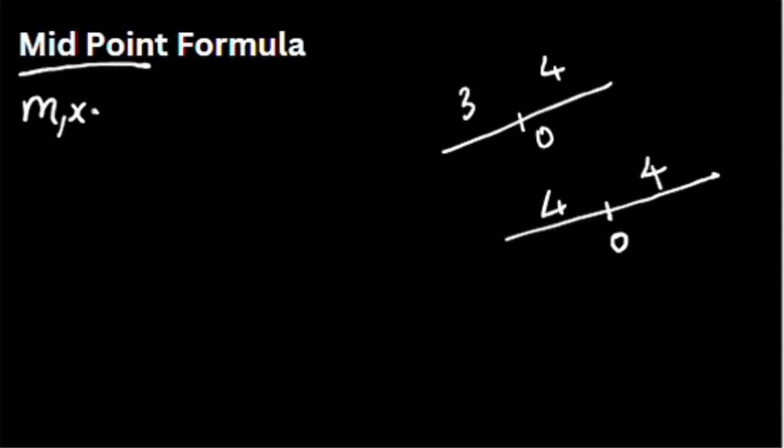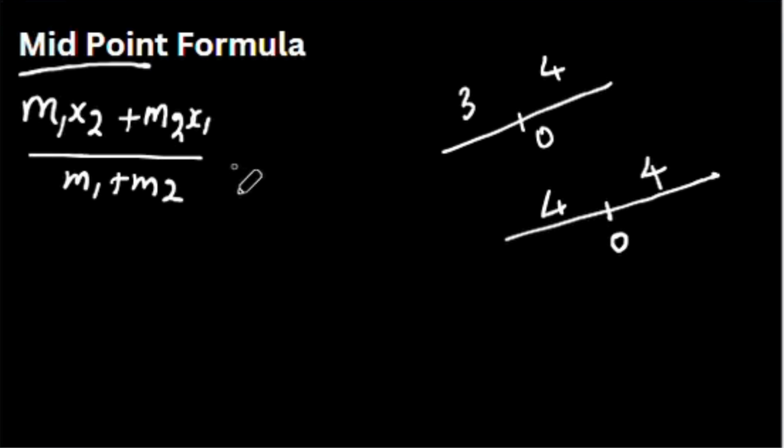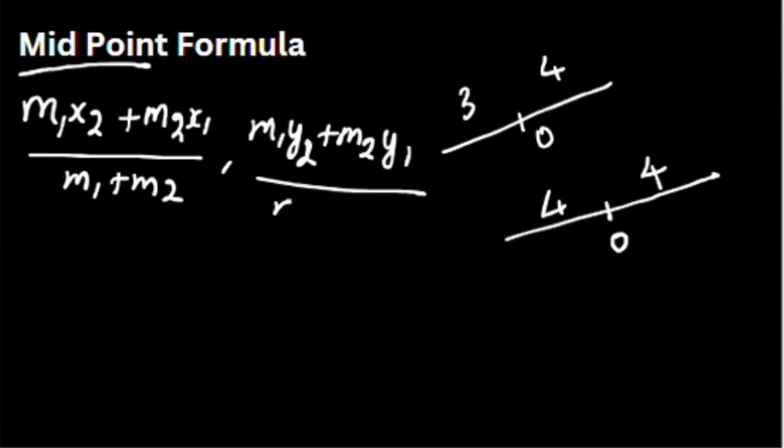Now we'll see the formula for the midpoint: (m1 x2 plus m2 x1) divided by (m1 plus m2), comma, (m1 y2 plus m2 y1) divided by (m1 plus m2).